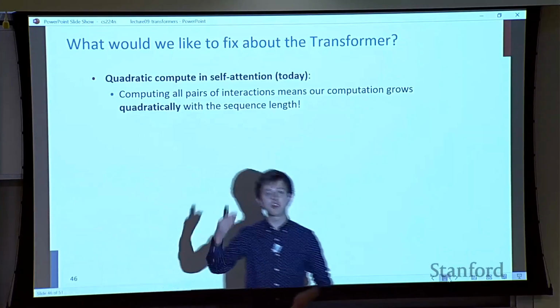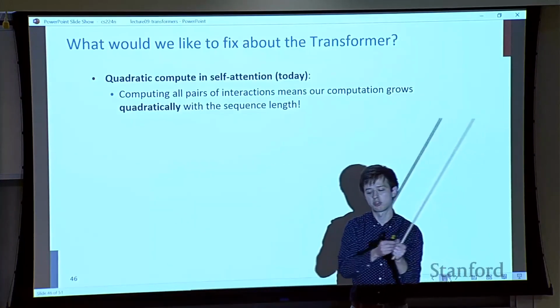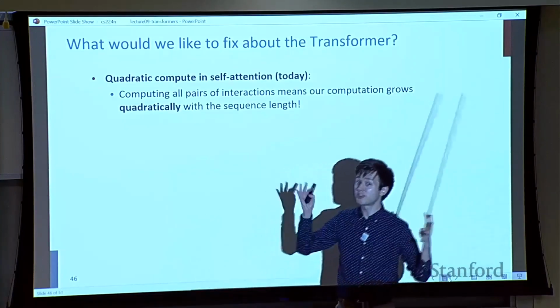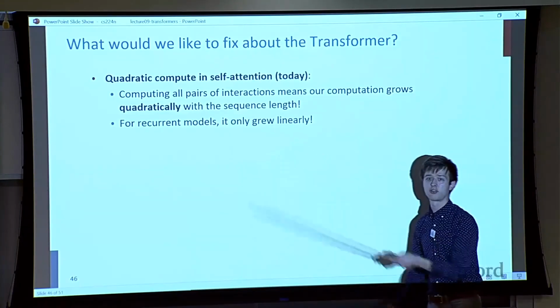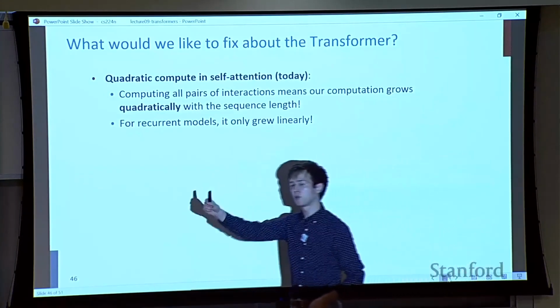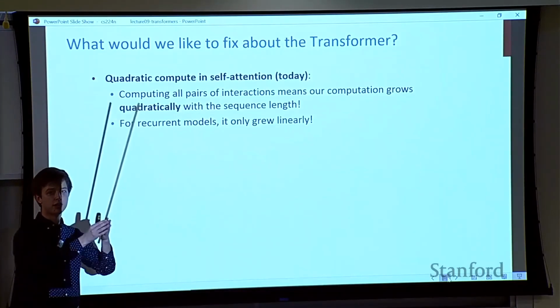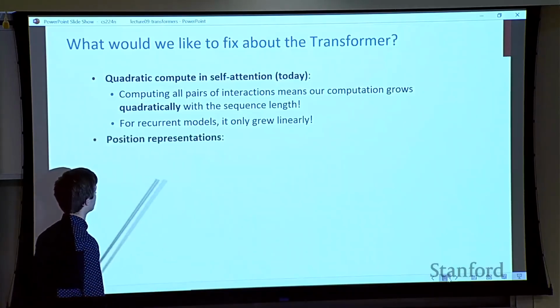Even though we argued at the beginning of the class that we don't have this temporal dependence in the computation graph that stops us from parallelizing things, we still need to do all that computation, and that grows quadratically. For recurrent models, it only grew linearly. Every time you applied the RNN cell, you did more work, but you're not adding quadratically to the amount of work you have to do as you get to longer sequences.